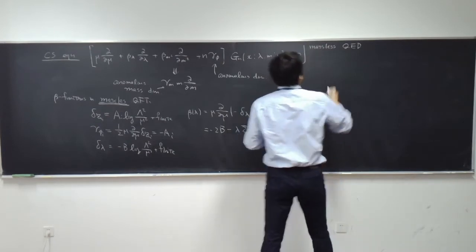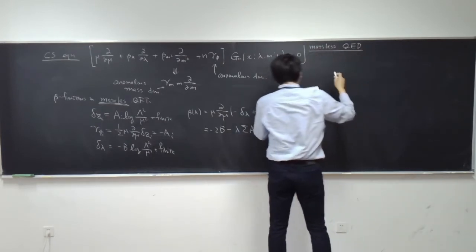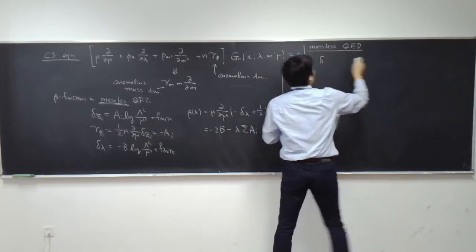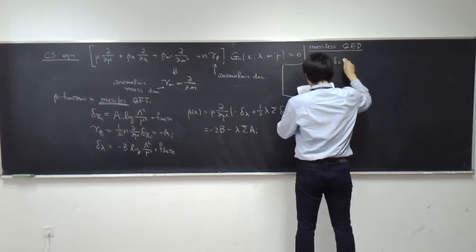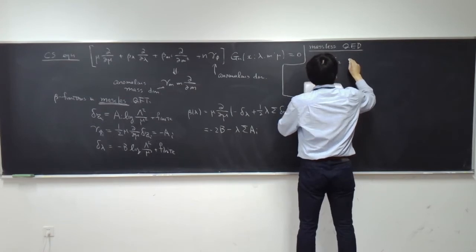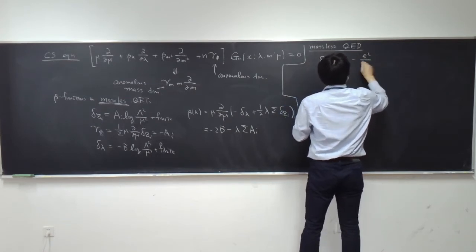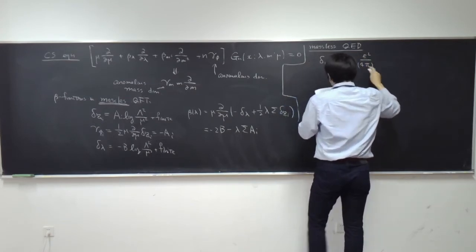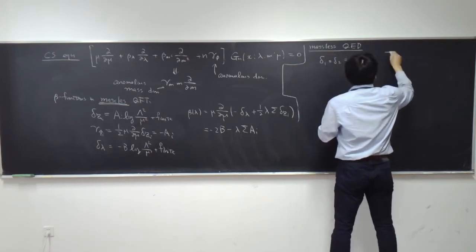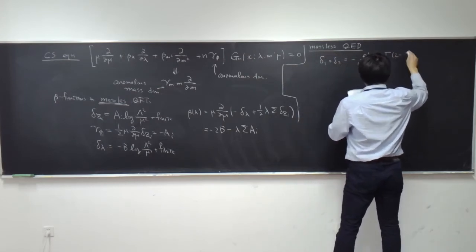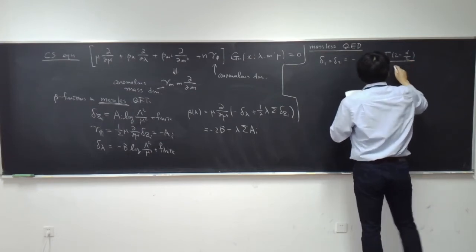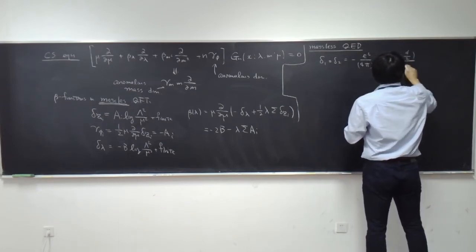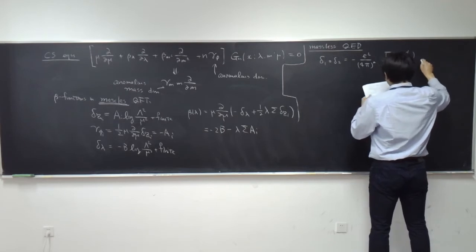If you use dimensional regularization, you can just compute this. This can be computed as 4 pi squared gamma of 2 minus d over 2 times 4 pi mu squared to the 2 minus d over 2 plus finite.